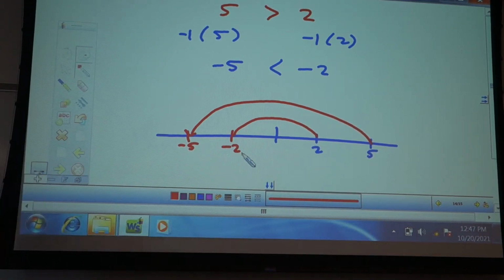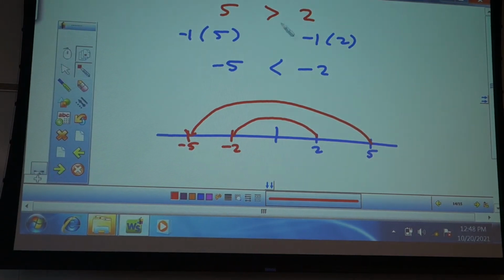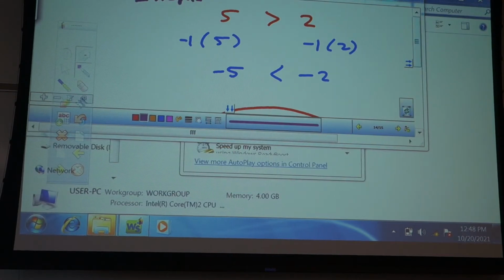So that's why, so I'll say it here. In an inequality, this only applies to inequalities.